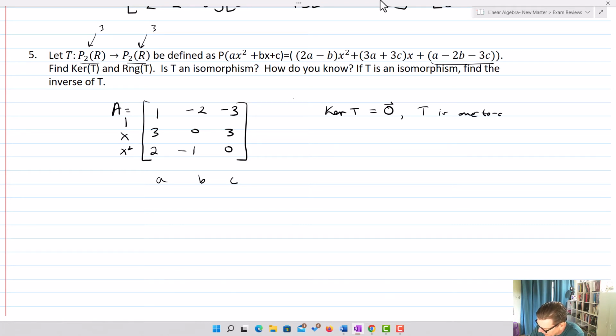And also if the range of T equals P2R, because that's our codomain, then T is onto. And if T is 1 to 1 and onto, then T is an isomorphism.